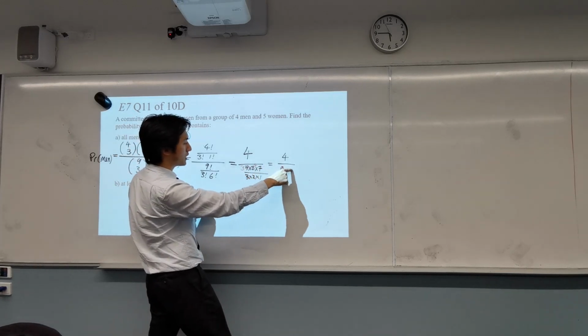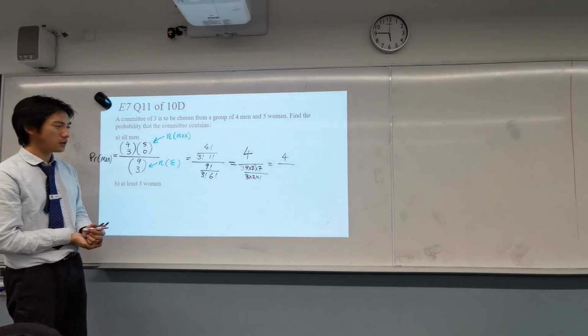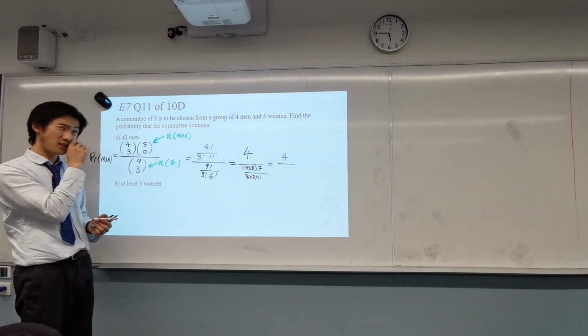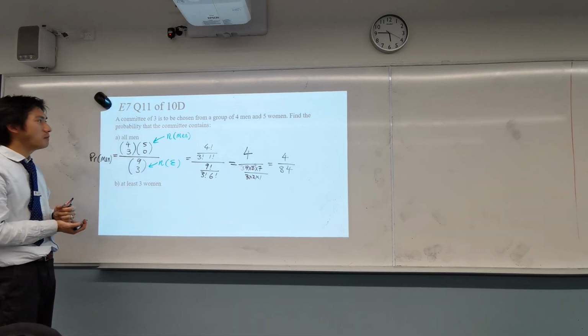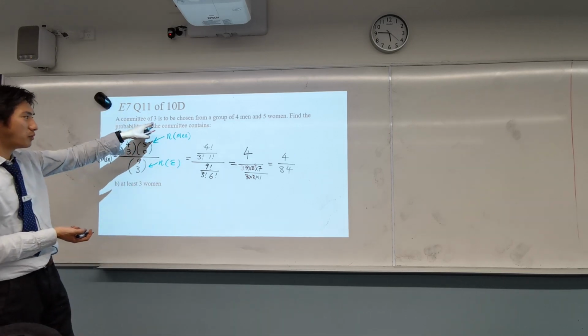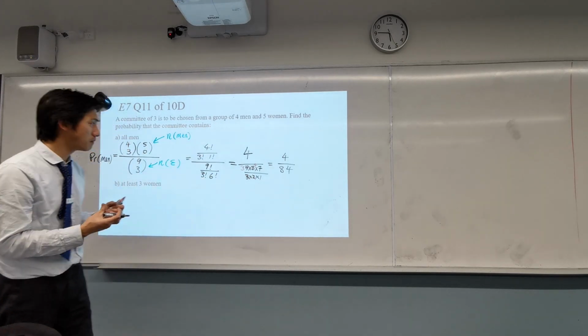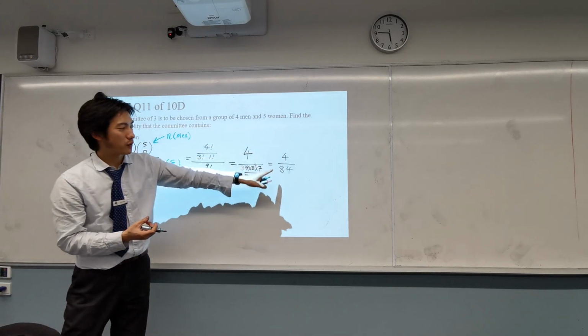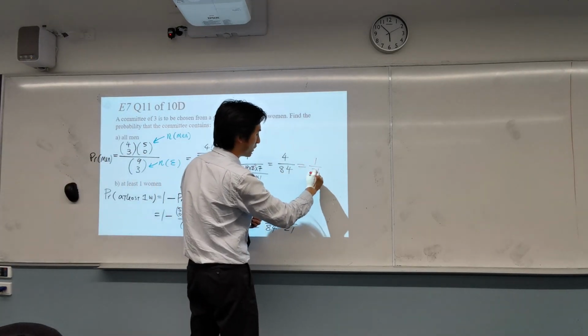So in the denominator, we've got 3 times 4 times 7. 3 4s are 12. 12 times 7 is 84. So the probability of selecting 3 people from a group of 4 men and 5 women, and they all turn out to be men, is 4 out of 84. Simplified, it's 1 out of 21.